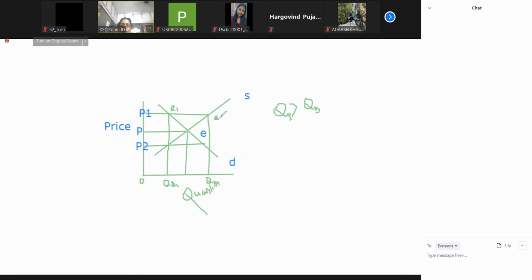So by the amount E1E2, there is excess supply at price P1. At price P1, demand is OQD1, supply is OQS1, and QD1QS1, or E1E2, is the amount of oversupply.